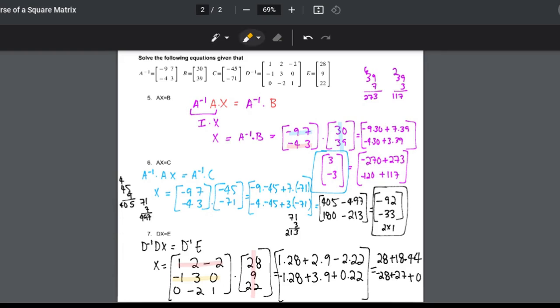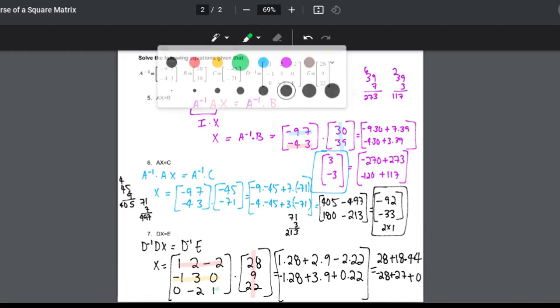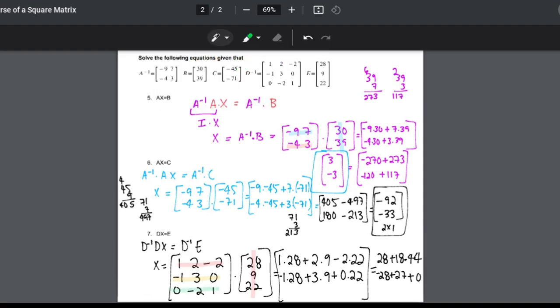And then the final row, I need to multiply the 0, negative 2, and 1 by the 28, 9, and 22. So that would be 0 times 28 plus negative 2 times 9 plus 1 times 22. So when I add those together, I get 0 minus 18 plus 22.